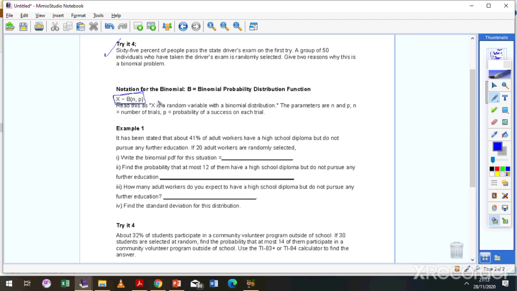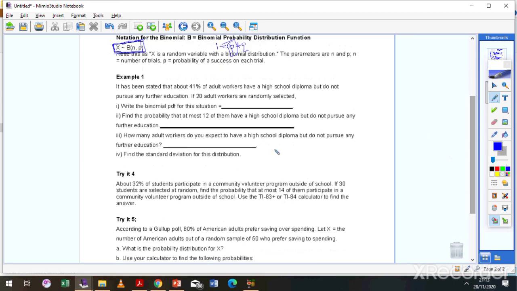This simply tells us everything we need to know about a binomial distribution, because we're interested in 1, the number of trials, and 2, the probability of a success. Since we know that 1 is equal to p plus q, if we know p, we can always find q, so we don't need to state q in our notation for a binomial probability distribution function.